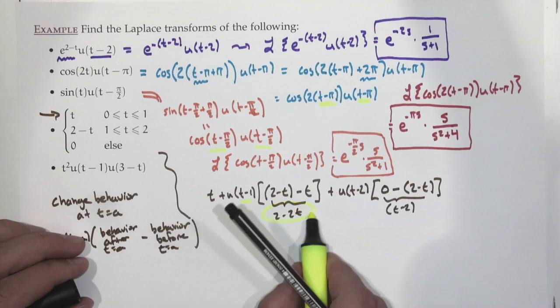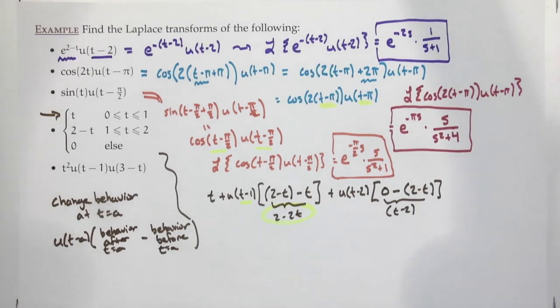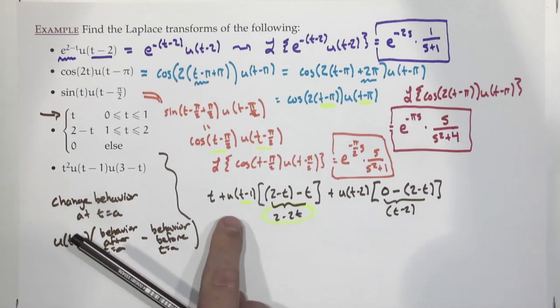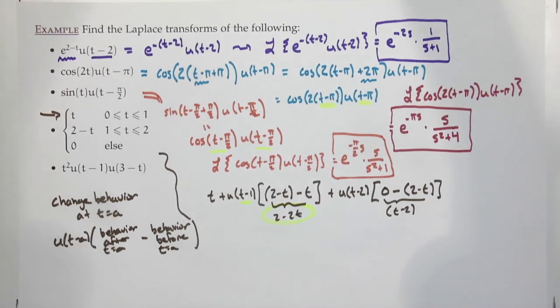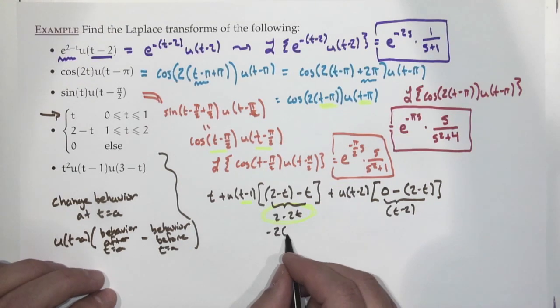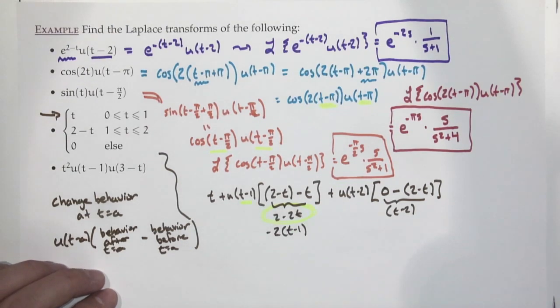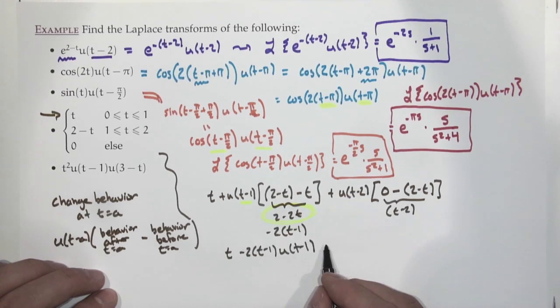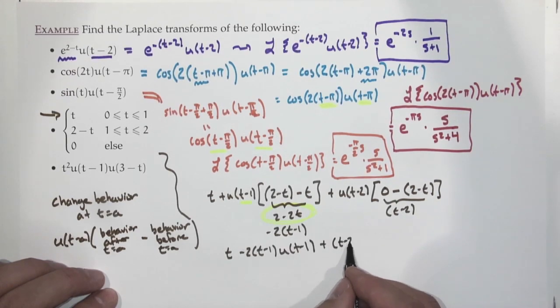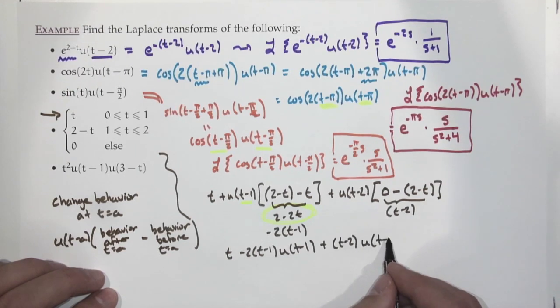That says I want to write this in terms of t minus 1. How can I rewrite 2 minus 2t in terms of t minus 1? Pull out a minus 2. So this is minus 2, t minus 1. So we have minus 2, t minus 1, u of t minus 1, plus t minus 2, u of t minus 2.